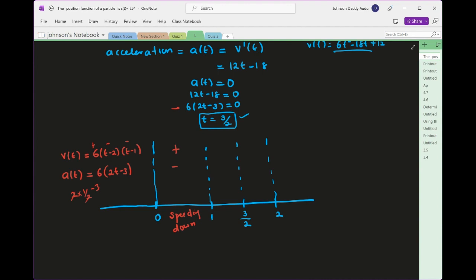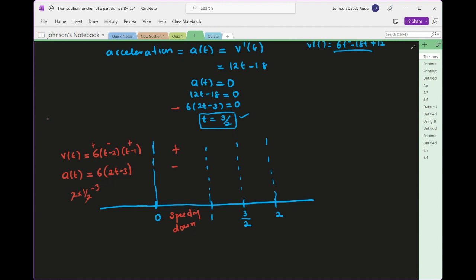Now, take a number between 1 and 3 over 2. You can take 1.2 or 1.1 because 3 over 2 is 1.5. Now, if you do that, this is still going to be negative. 1.2 minus 2 is negative, but 1.2 minus 1 is positive.